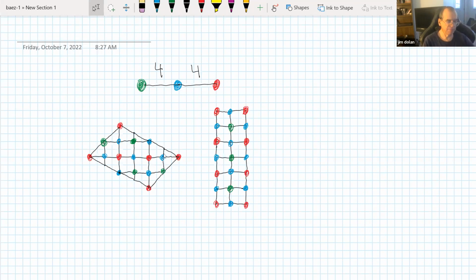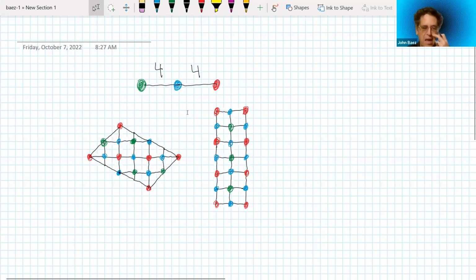So maybe first I should ask, can you convince yourself or convince me one way or the other whether these are strictly isomorphic or not isomorphic as Gaussian designs? As designs? Is that the same as elliptic curves? Well, that's a good question. Did I even think about that? Whether they're the same as elliptic curves?